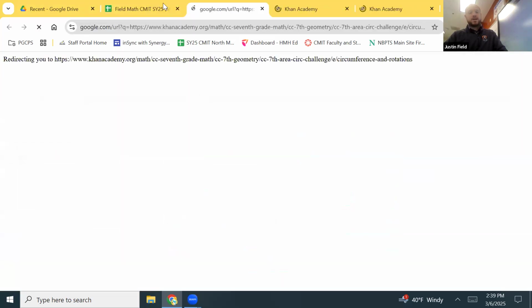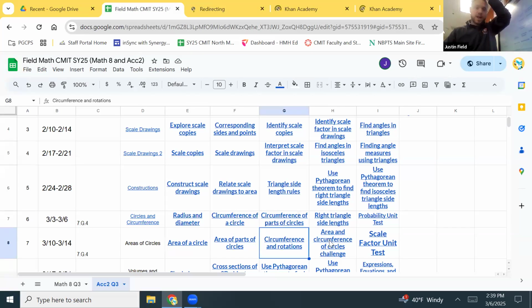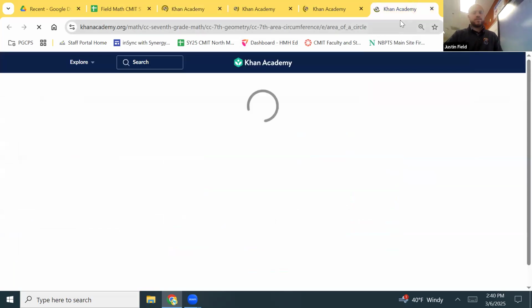Okay, so last week we talked about circumference and the basics of circles, and now we're going to talk about the area formula for a circle and all the different things that go into that.